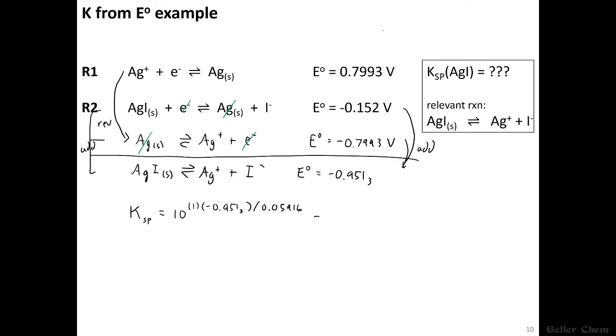And then we plug it all in, and we get a value of 8.32 times 10 to the minus 17. That's a very small K value, which implies that very little of this will dissociate. We will have relatively small concentrations of these two ions, which agrees with what was stated earlier, that we will not spontaneously get these concentrations all the way up to 1 molar.